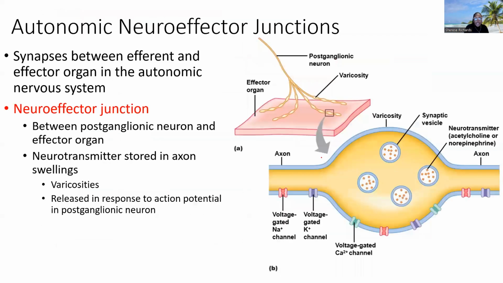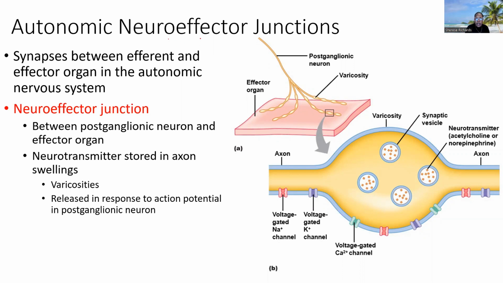All right. Let's go on to looking at the actual neuroeffector junction. So the neuroeffector junction is the synapse between our postganglionic neuron and our effector organ or effector tissue. So here's our postganglionic neuron. And if you remember correctly, we had two neurons in series, right?